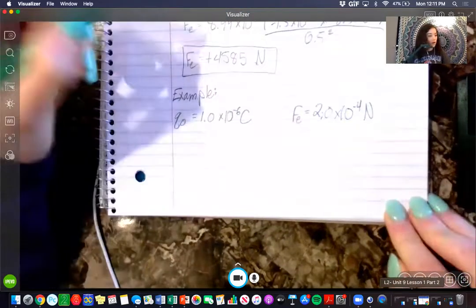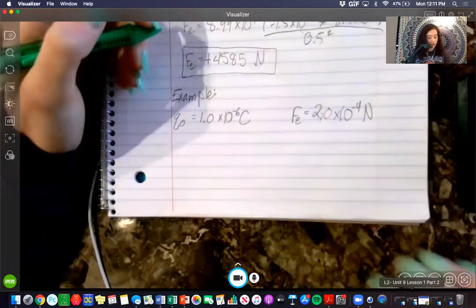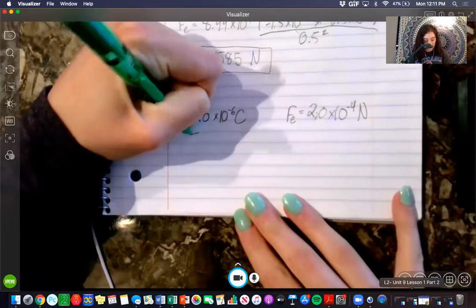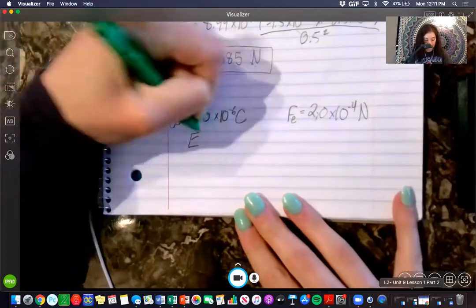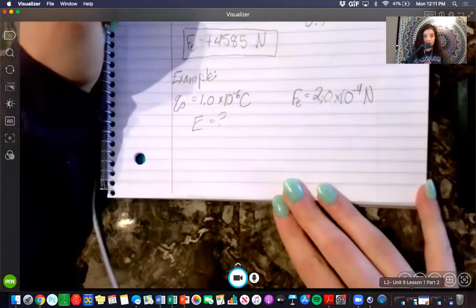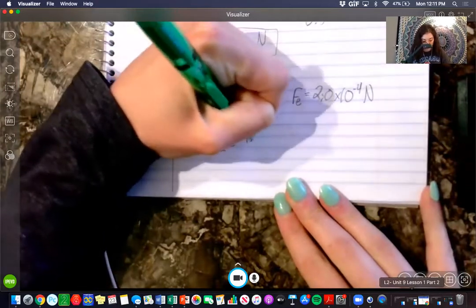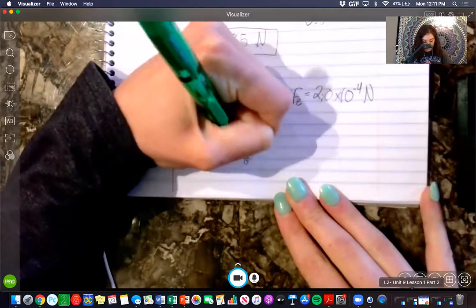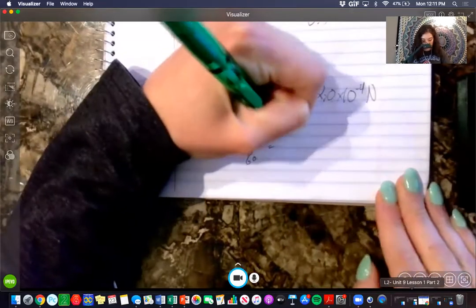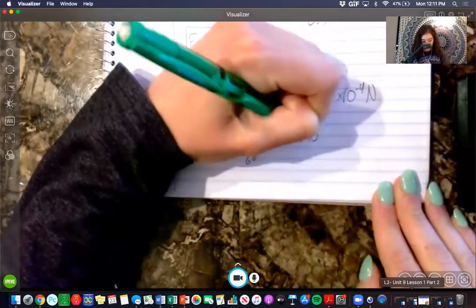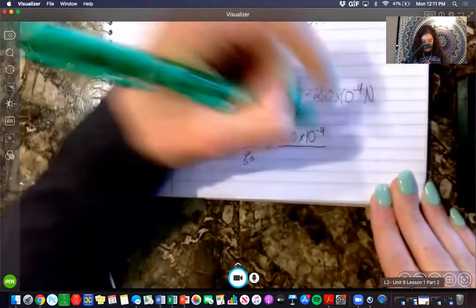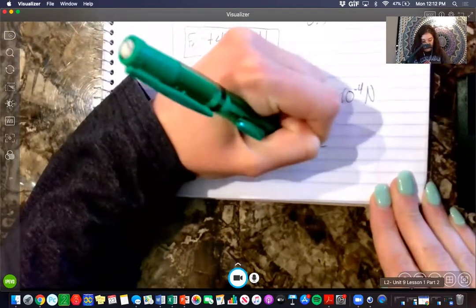And we want to know the magnitude of the electric field at that location. So we want to know E. So to find E, we're just going to say E equals F sub E over Q naught, which is 2.0 times 10 to the negative 4 divided by 1.0 times 10 to the negative 6.